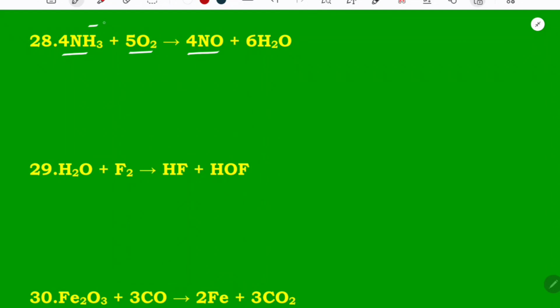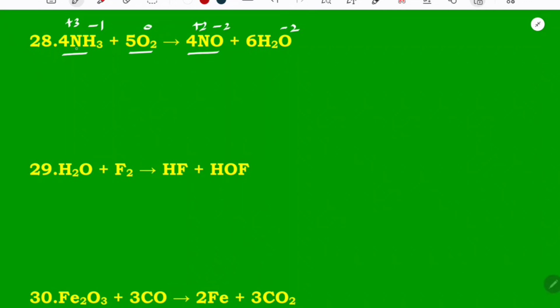Hydrogen, what charge does it belong to? Hydride, no? -1. Here +3 comes. Here 0. Here -2, +2. So here -2.